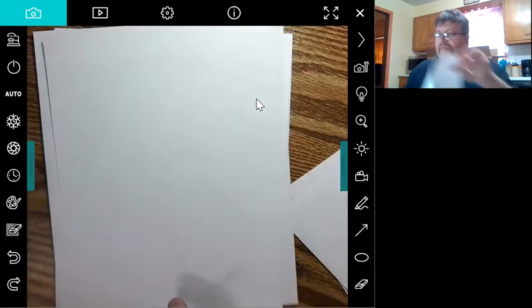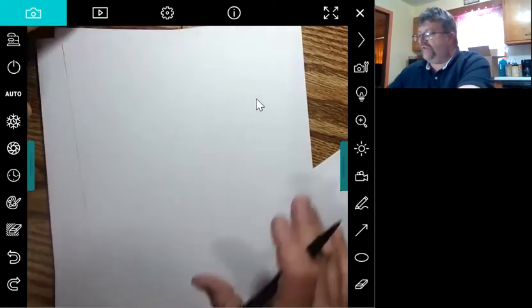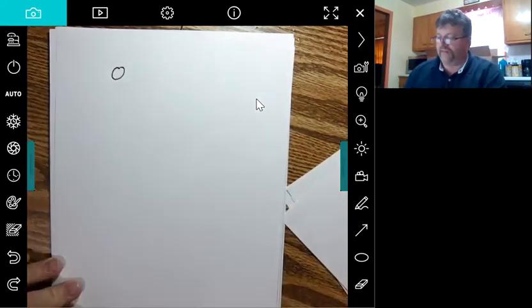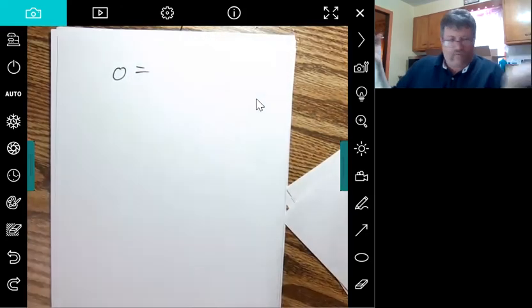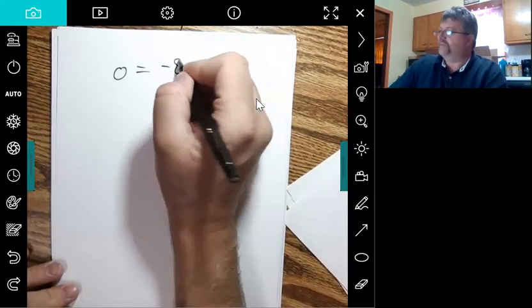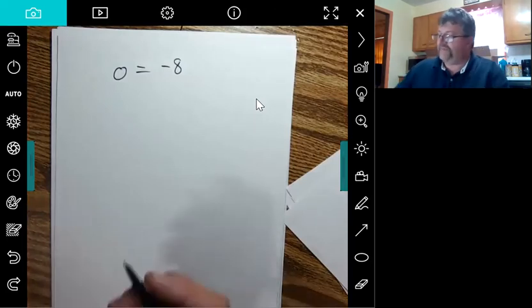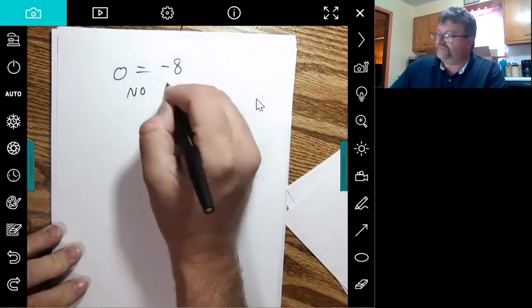The x's and y's would all disappear when I add the left side of the equation. I'd be left with nothing but a 0 on the left side, equals something, could be anything. Let's just say -8. I could be left with 0 equals -8. Well, that's obviously a false statement. So if that happens, I'm going to say no solution.